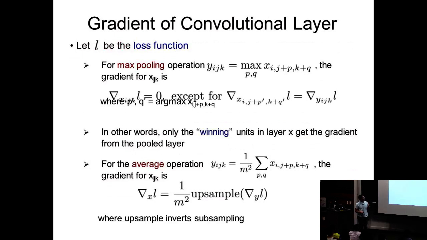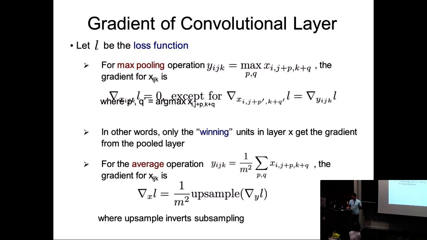So let L be the loss function. For max pooling, we're pooling over a Q by P region. So think of Q being 2 and P being 2, so a 2 by 2 region or 3 by 3 region. And the gradient has this form. The gradient is 0 at all locations except for the winning location, where the max operation was taking place.